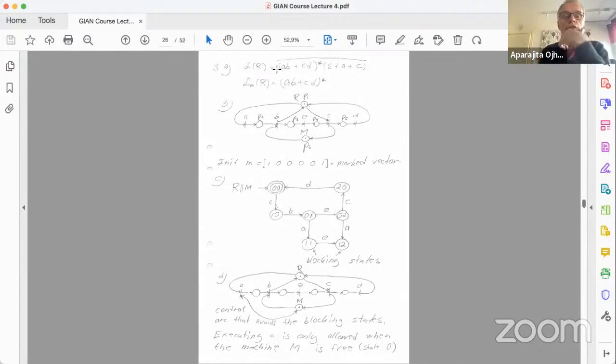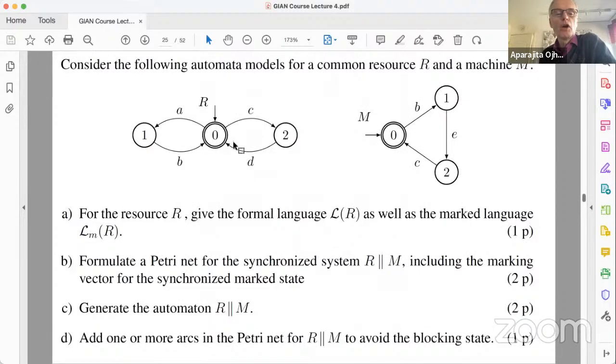The language for the marked language, we can say for the resource, is not that difficult. It's A, B, or C, D, and then you repeat this by the star operator. But the complete language also includes the events that happen in between while you are in the marked state.